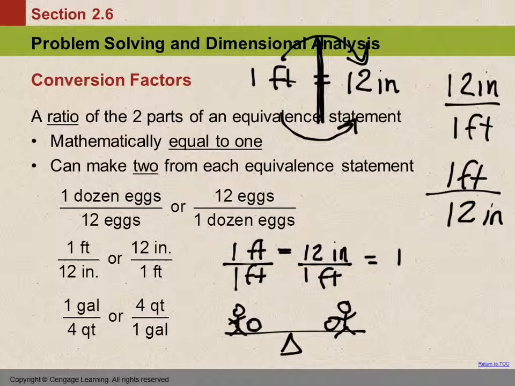So you're taking that equivalent statement and you're twisting it. You can either rotate to the right or you could rotate to the left. That's just another way, a less mathematical way of thinking about it. We need to be able to look at equivalent statements and make these conversion factors. Does anybody have any questions?